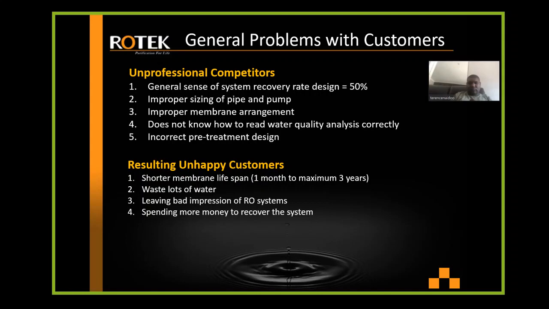Okay. Incorrect pretreatment design. Without reading the water quality analysis correctly, you will end up with incorrect pretreatment designs, resulting in shorter membrane lifespan, normally from 1 month to a maximum of 3 years. But remember this, all membranes can last for more than 10 years if the system is designed correctly.